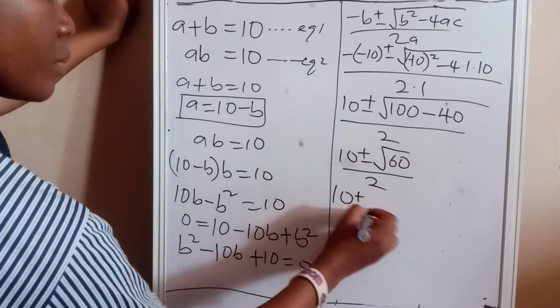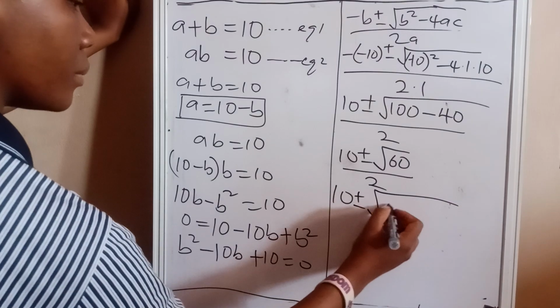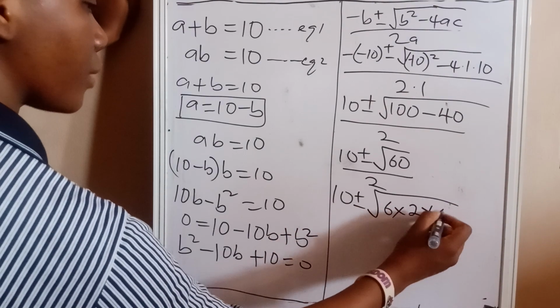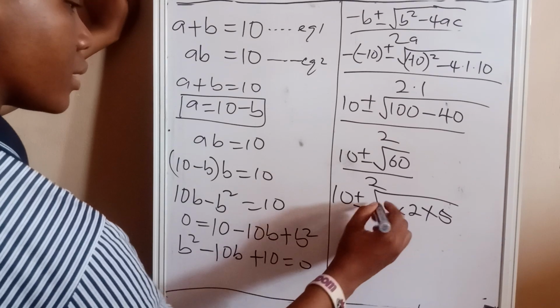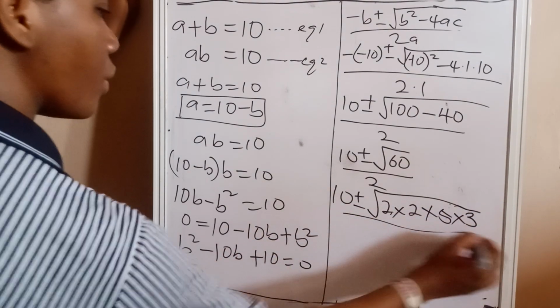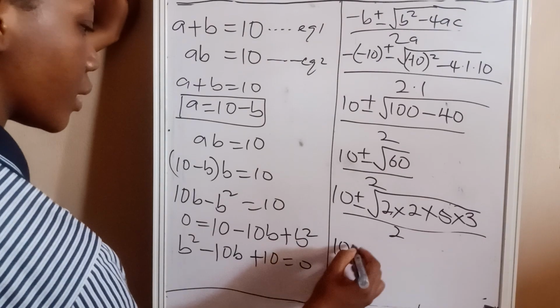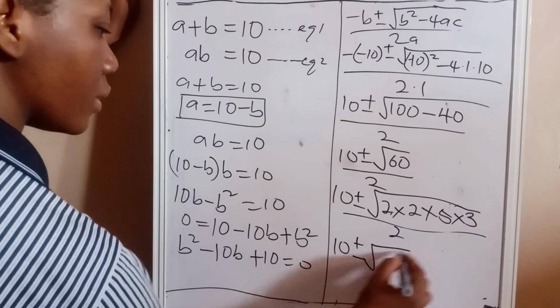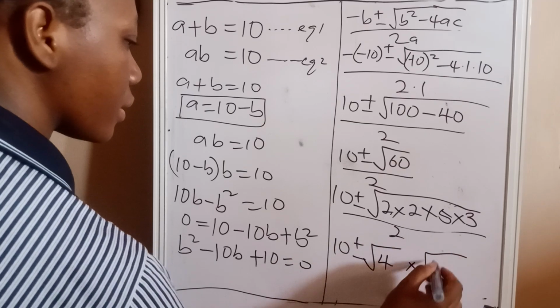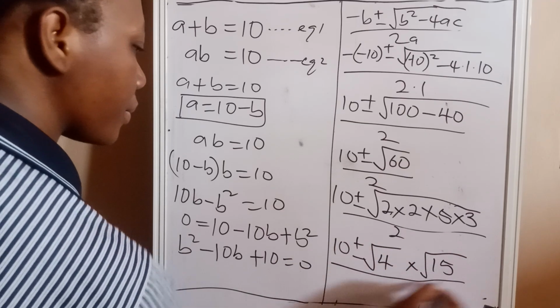This is 10 plus or minus root of 6 times 2 times 5. We can split this to give us 2 times 3 as well, all over 2. So this is 10 plus or minus the square root of 4 times the square root of 15, all over 2.